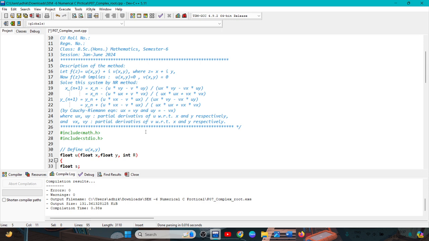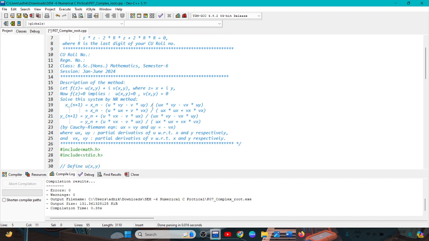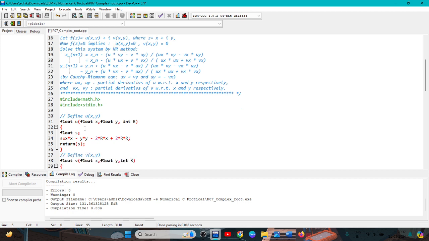So the given equation, z square minus 2rz plus 2r square equal to 0, this is the f(z). Now we first separate the real part and imaginary part. This u(x,y) is the real part of this equation, so define the function u.